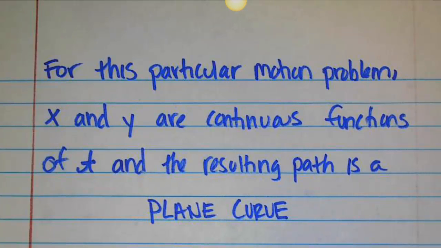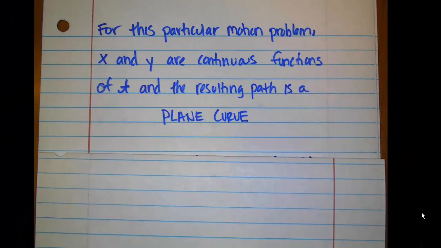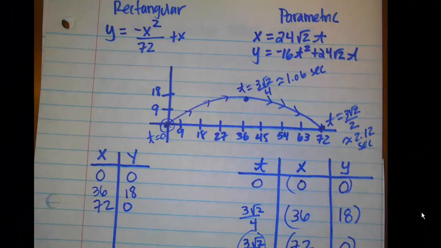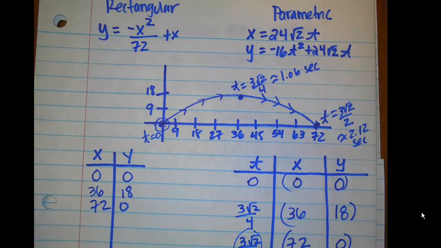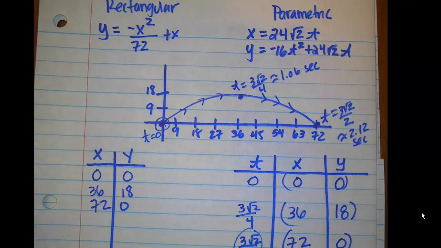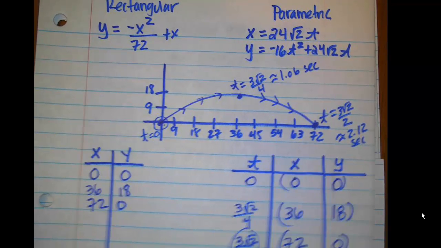For this particular motion problem that we just discussed, x and y are continuous functions of t, and the resulting path was a plane curve. So just to remember, what we got before was a plane curve. I'm going to give you the definition of a plane curve, and I am going to refer back to this picture so that you can understand the different parts.